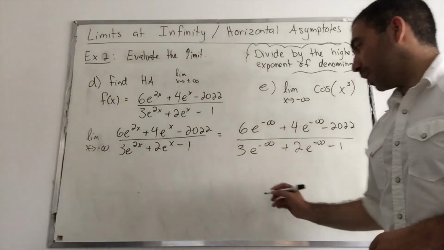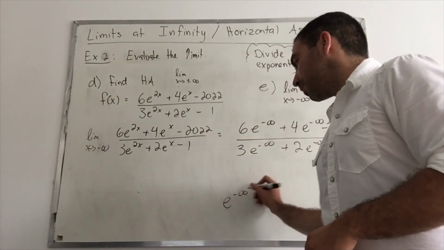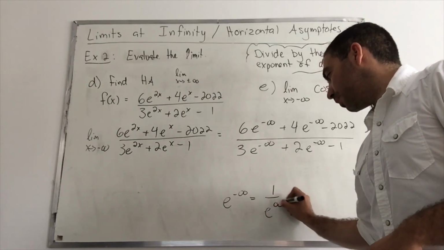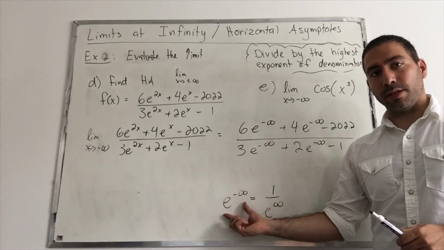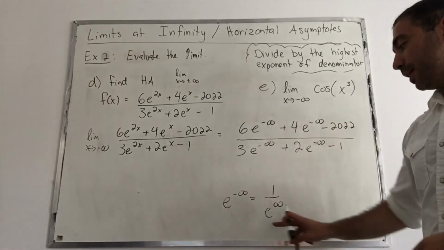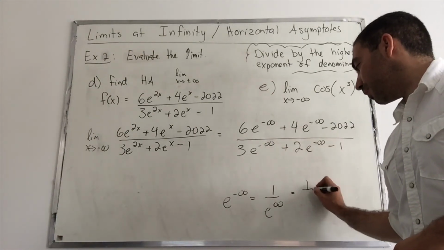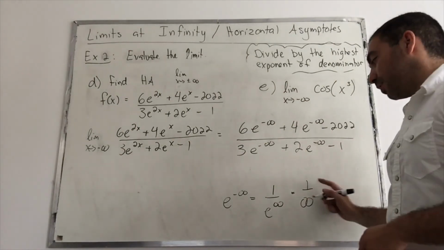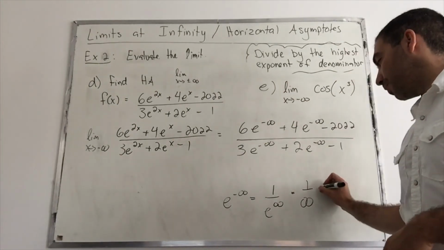Okay. And remember, e to the negative infinity, this is just side work. We have a negative exponent, so it's essentially dropping the e to the denominator. And e to the infinity, we said before, was infinity. And 1 divided by infinity, we saw, dividing by a very big number makes the whole thing smaller. This goes to 0.